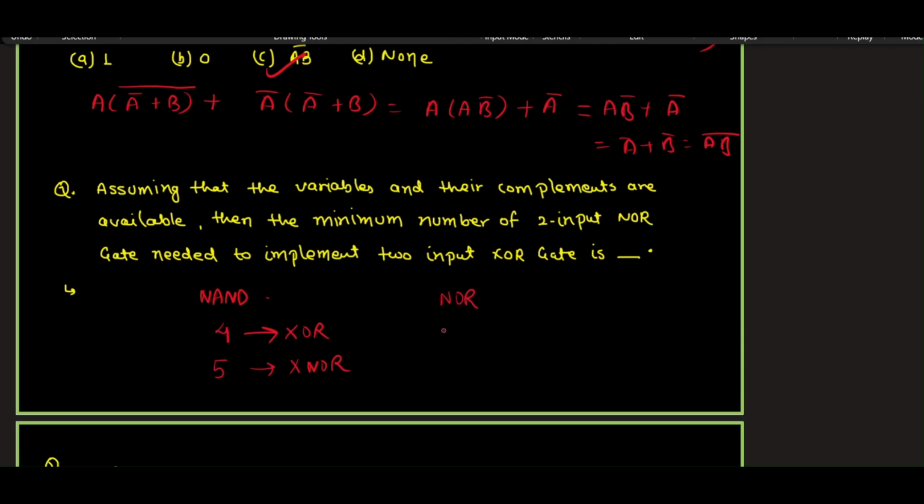And if we talk about NOR gates, then four NOR gates will be required to represent XNOR operation, and five NOR gates will be required to represent XOR operation.